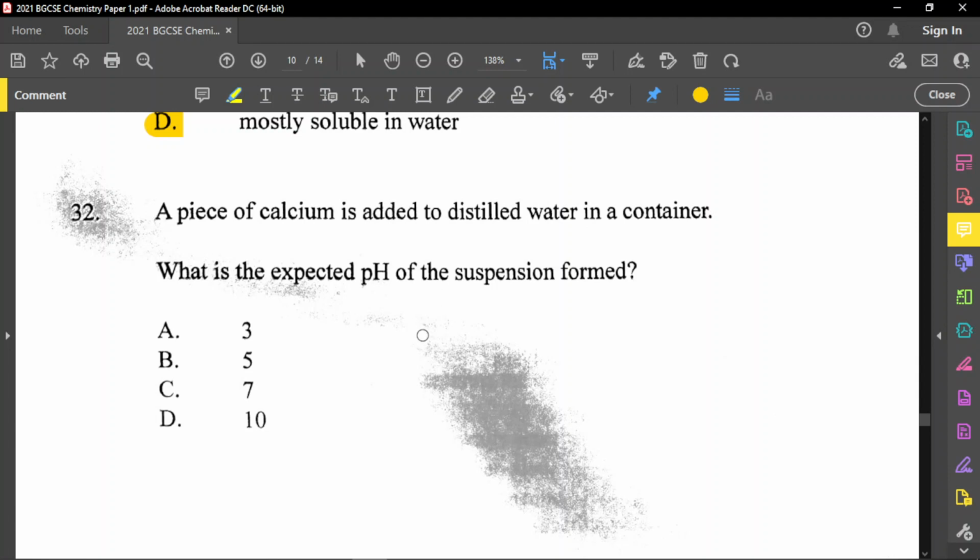Calcium hydroxide is a base, and it's a relatively strong base. Hydroxides really form relatively strong bases. So here we have D, which is relatively strong, not excessively strong, but moderate thereabout. So 32 will be D.